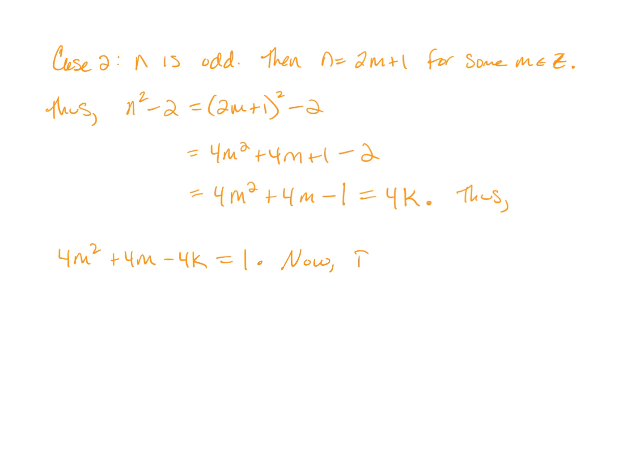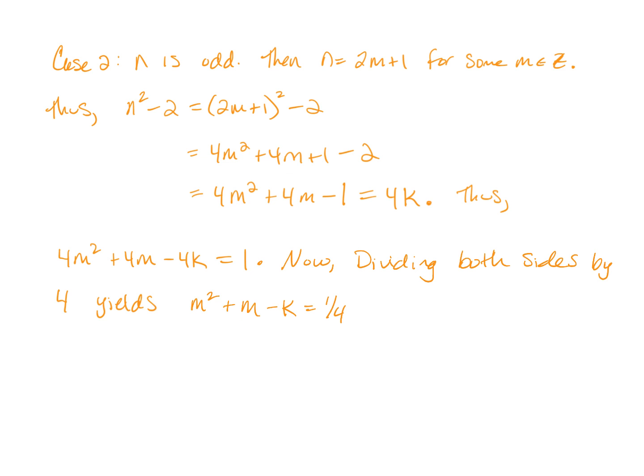Now, dividing both sides by 4 yields m squared plus m minus k equals 1/4.